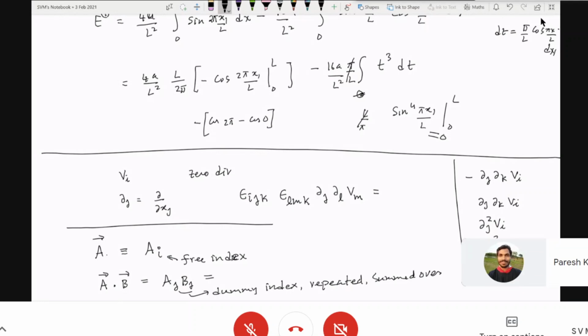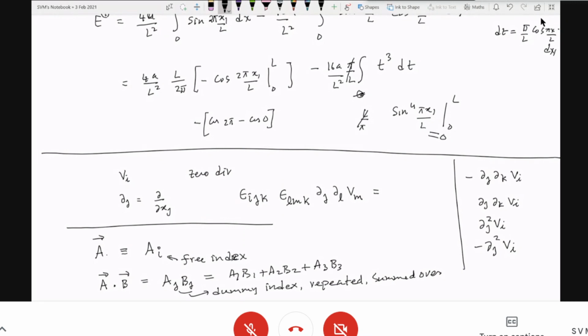So this is basically A1 B1 plus A2 B2 plus A3 B3, because this j will take all values 1, 2, 3. It is called dummy because I can write this as Aj Bj or Ak Bk, whatever it is. Whereas here it is free: if I write A1, that is the first component, A2 is the second component. So there is some meaning for this index, whereas this j is a dummy index.